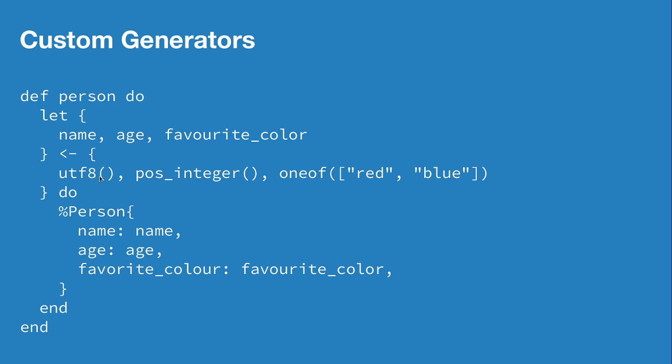In this case, we've got UTF-8, a pos integer, and a one of red and blue. We're taking those and then putting them into what is essentially a map in Elixir, okay? We're creating a person with a name, age, and a favorite color. And the idea behind this is that it allows us to generate more complex data structures.